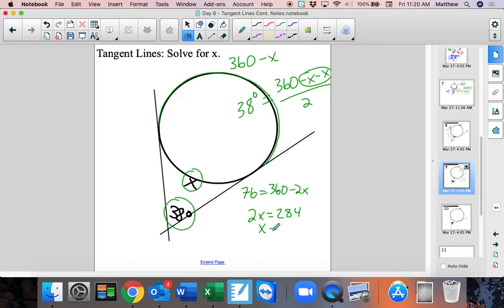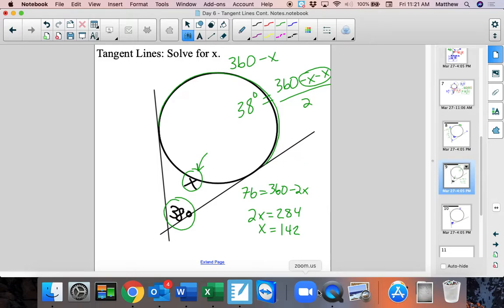And then x is going to be 142. So this would be 142, and then this bigger arc would be 360 minus 142.